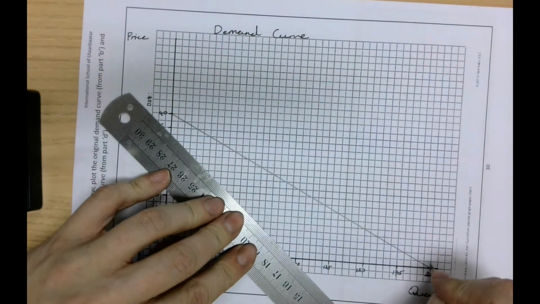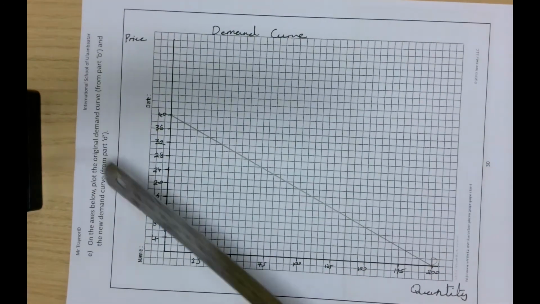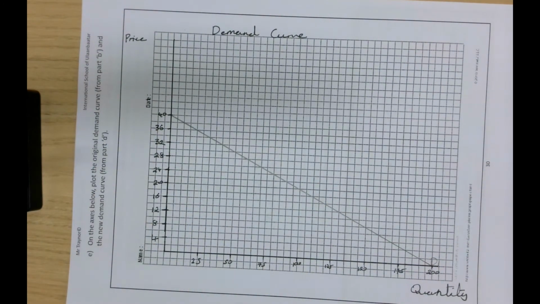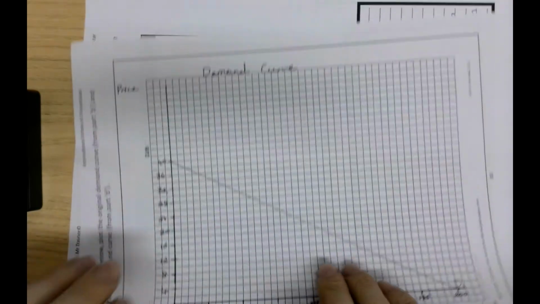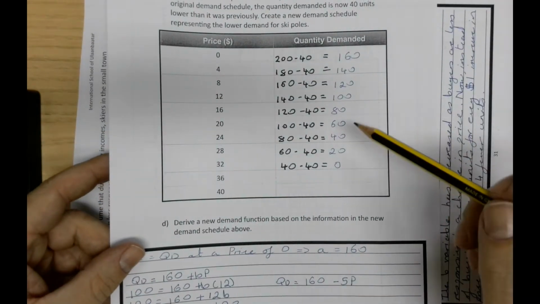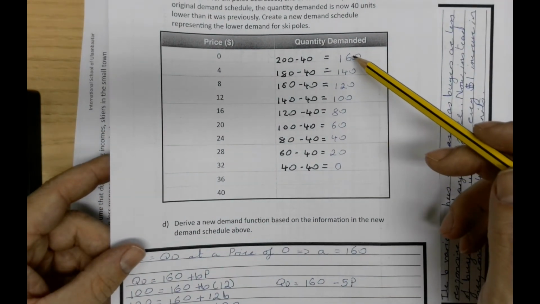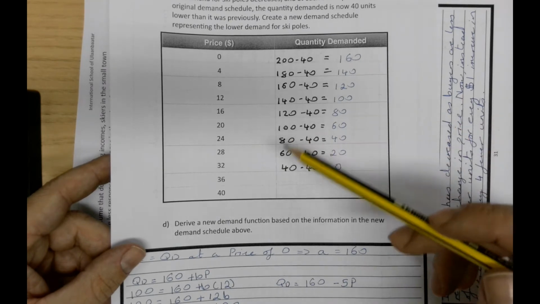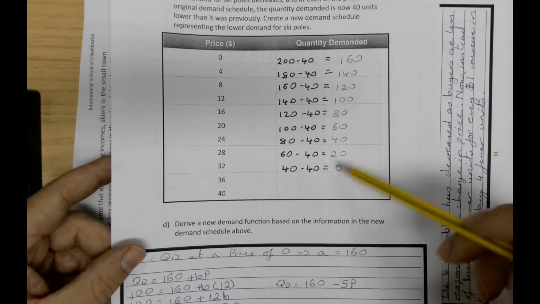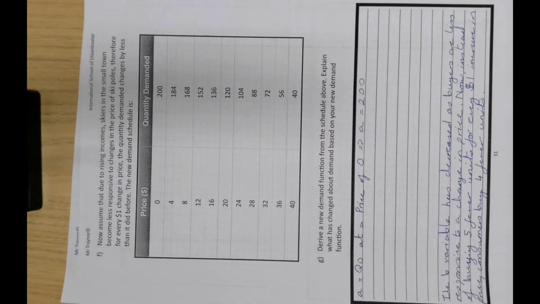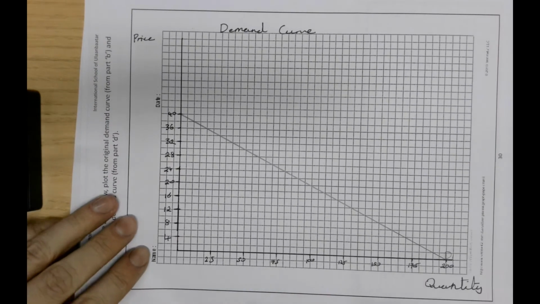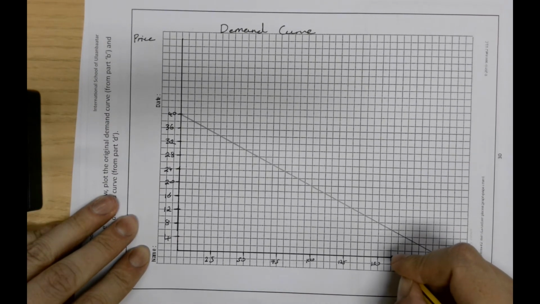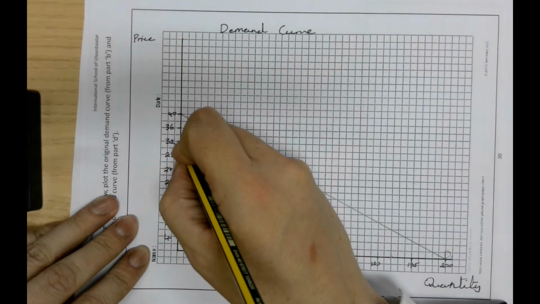That's your D1. Now, however, for this one we have 160, and then at a price of 32, we're at 0. So at a price of 0, we're at 160. Just going to write that in here. There's 160, and at 32, we're at 0.